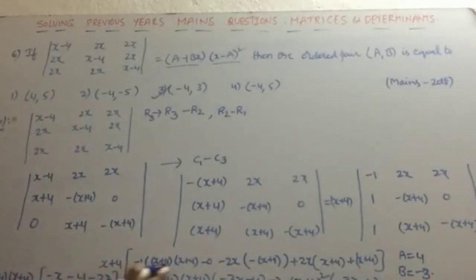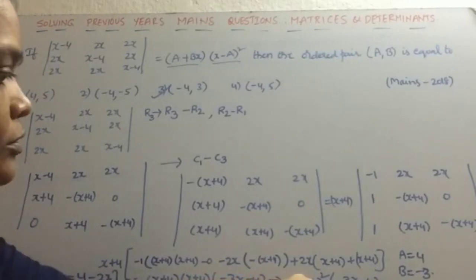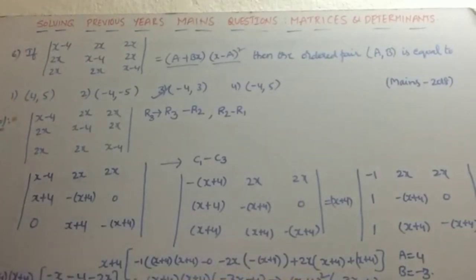Then I will take x plus 4 common in all these terms: x plus 4 into x plus 4, remaining minus x minus 4 minus 2x. Then we will get x plus 4 into x plus 4 minus 3x minus 4. Then x plus 4 whole square into minus 3x minus 4.